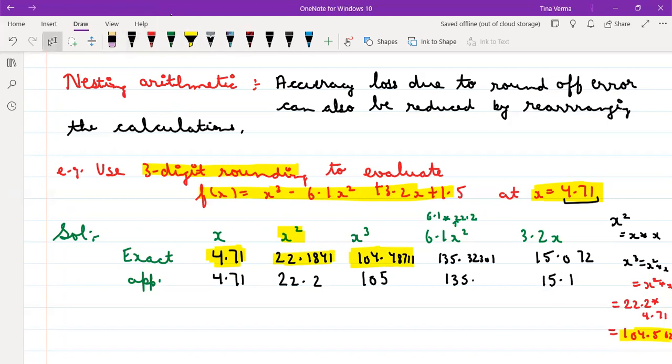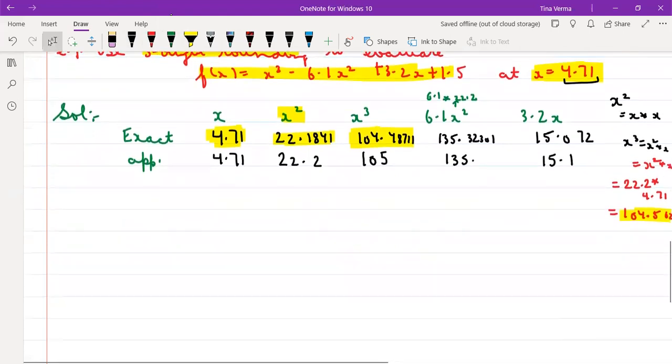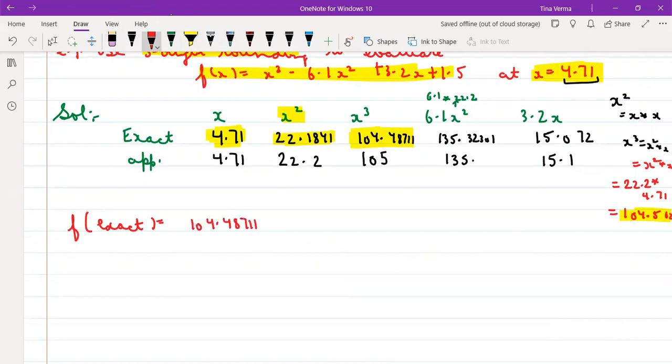So now you can calculate your f for the exact value, and you can see the difference. So f at the exact answer is 104.487111 minus 135 point.